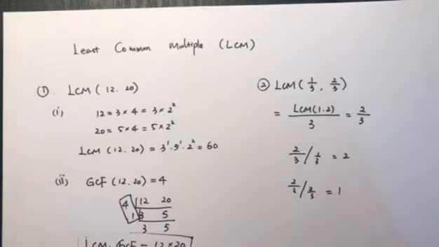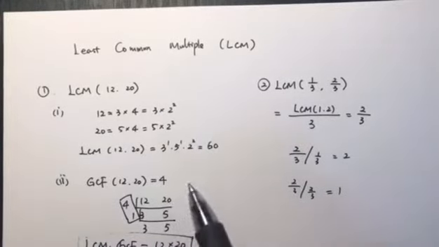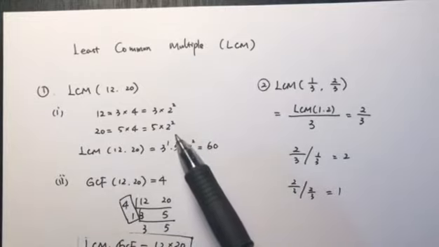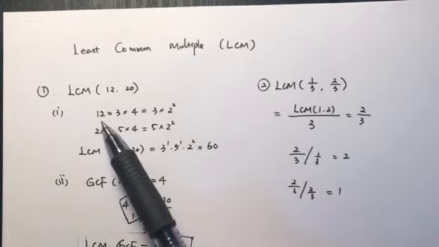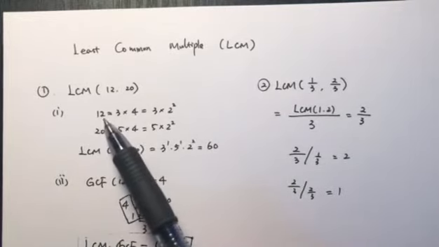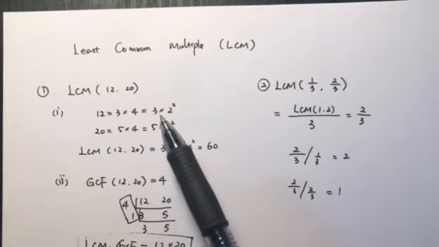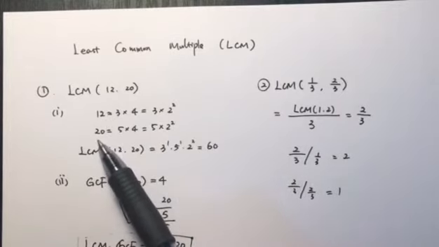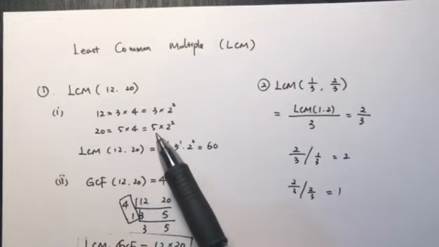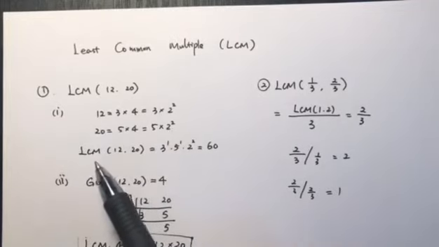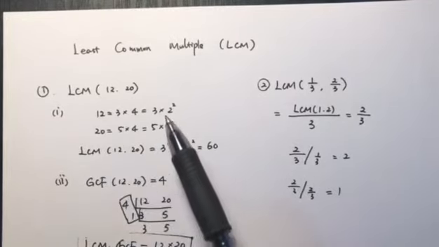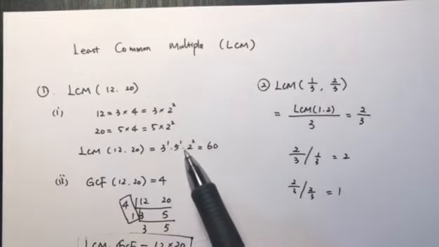Usually there are multiple ways to solve this LCM. The first one is the prime factorization. For each member in that group, let's say 12, you do the prime factorization, and it becomes 3 times 2 power 2. And 20 is 5 times 4, which is 5 times 2 power 2. Then the LCM of these two numbers will be, you pull every prime number that shows up, 3, 5, 2.